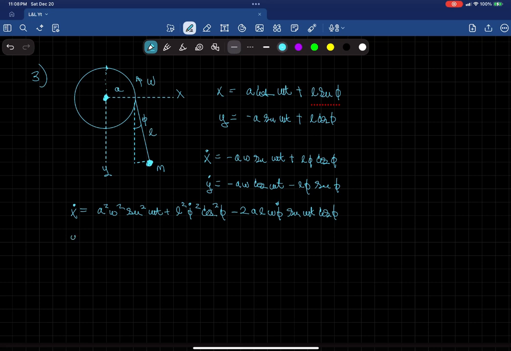And for our y dot, we get a squared omega squared cosine squared omega t plus L squared phi dot squared sine squared phi plus 2 a L omega phi dot cosine omega t sine phi. I should have put the dots there too.